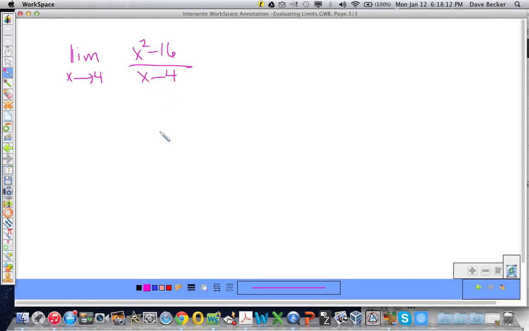Well, if we did direct substitution, I'm just going to do it over here because it's not going to work. I'm going to get 4 squared minus 16 over 4 minus 4. Well, that would equal 16 minus 16 over 0, or 0 over 0.